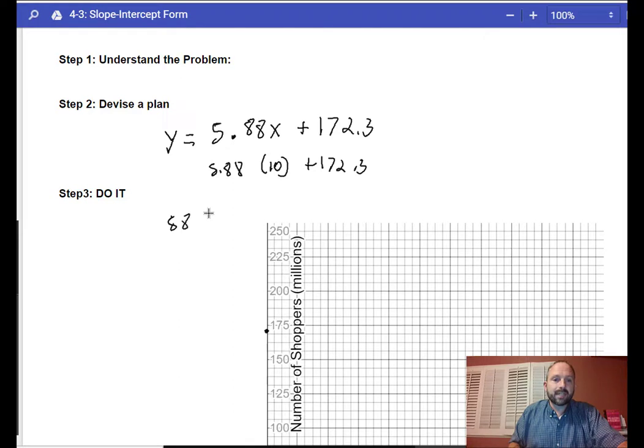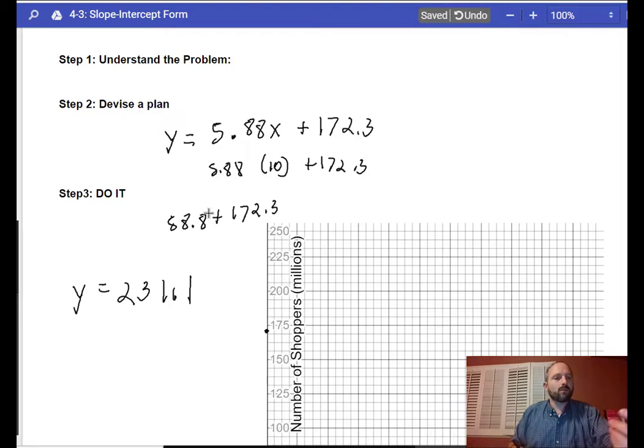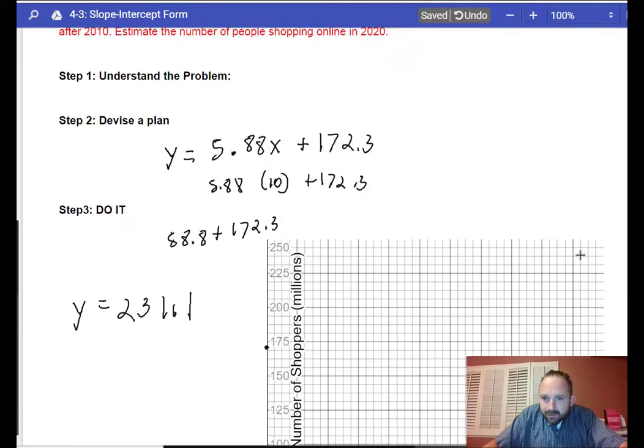We'd get 58.8 plus 172.3. Seeing this, it looks like the number of shoppers will be 231.1. So that's like right about, so 10 years right about here.